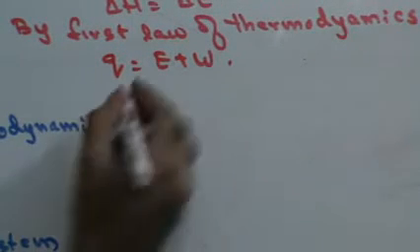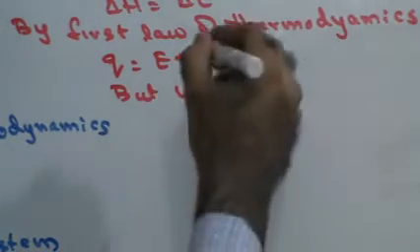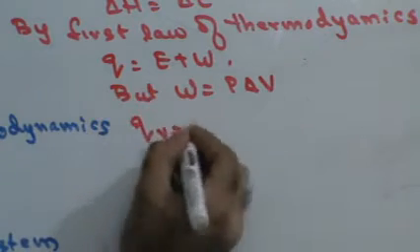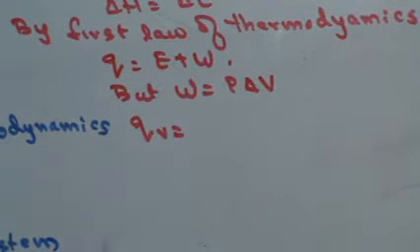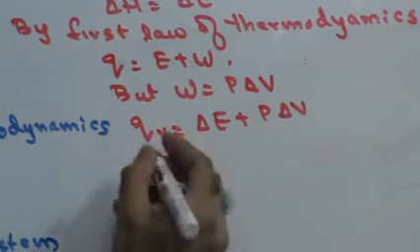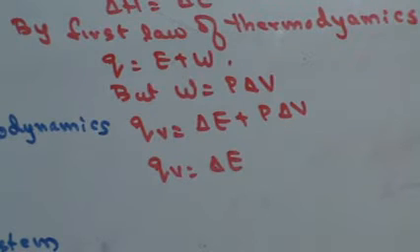But W is equal to P delta V. So for an isochoric process, QV, heat at constant volume, will be nothing but delta E plus P delta V, but delta V we already know is 0, so QV will be equal to delta E, right? So for an isochoric process, enthalpy is equal to internal energy, and heat at constant volume is also equal to the internal energy, right?